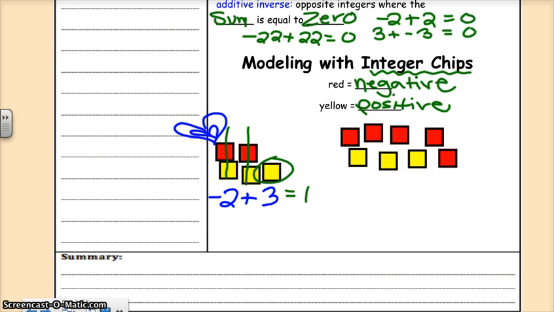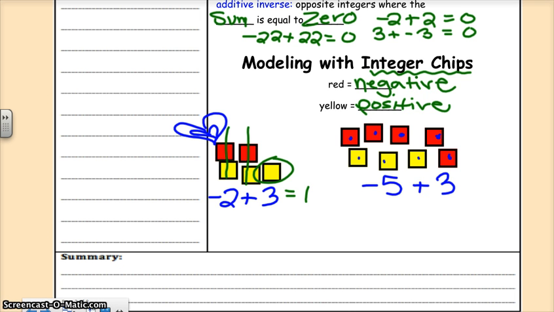The next one I want you to write a numerical expression for. What do we get for this next example? Andrew? Negative 5 plus 3 plus negative 2. I have 5 negatives, 1, 2, 3, 4, 5, plus 3 positives. And what does that equal?